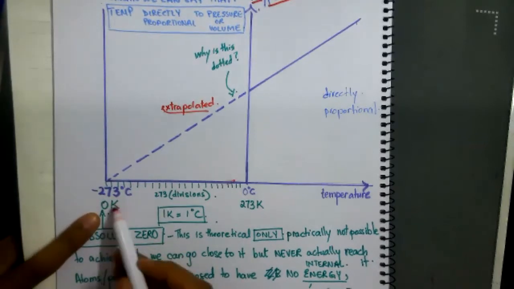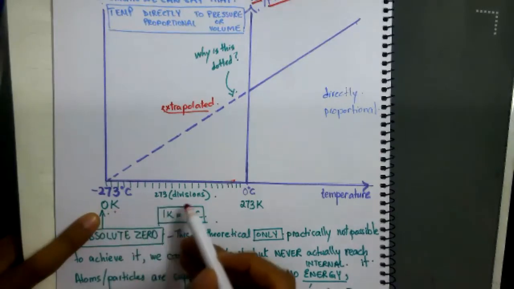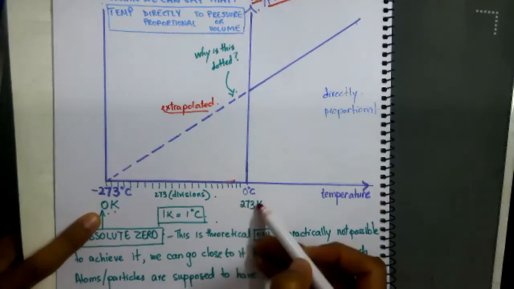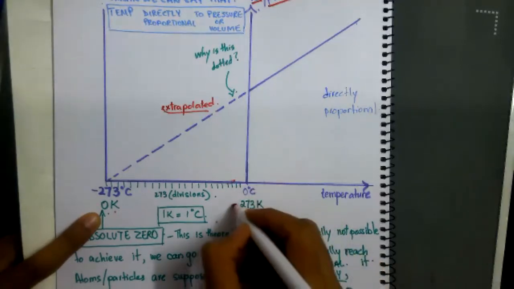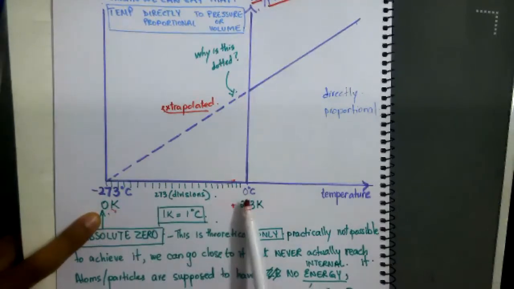And if we move the same number of divisions forward, this would be 273 Kelvin, positive, because we moved the same number of divisions, but in the reverse direction. So this is 273 Kelvin.